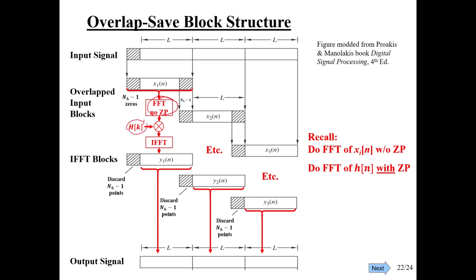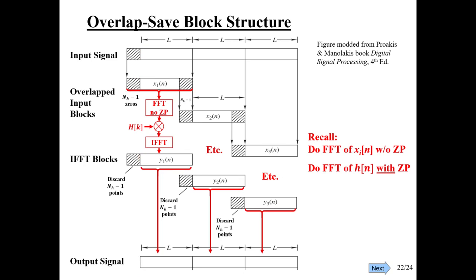Here's our H of K that's been pre-computed with zero padding. We form the product, do the inverse FFT. We get all of this stuff and we throw this away. And what happens? This edge goes into the output stream at the same position that the input started, not counting the pre-appended zeros. Then what happens?